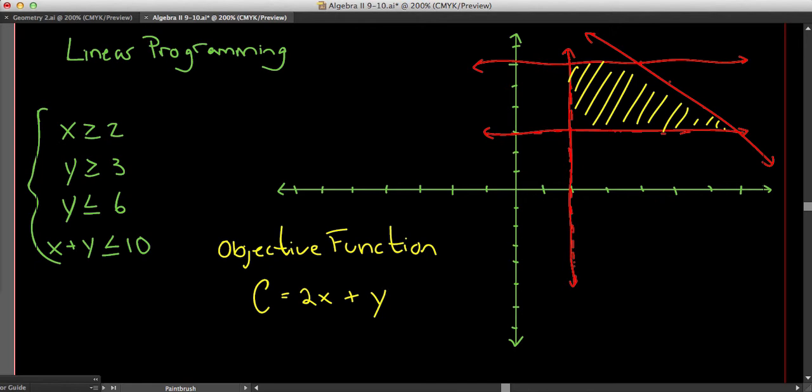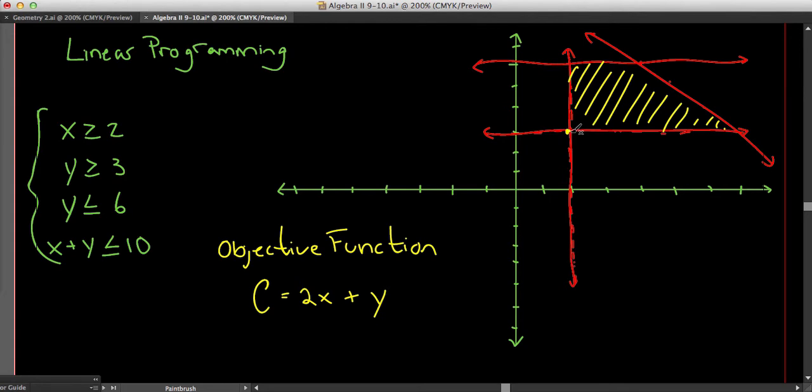So we know that a line that passes through this vertex right here would be a perfect place to minimize our objective function over our feasible region. We want to figure out what objective function passes through that vertex. Well, that point there is 2, 3.